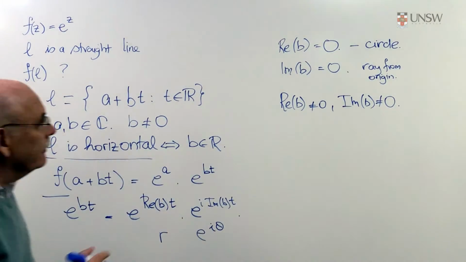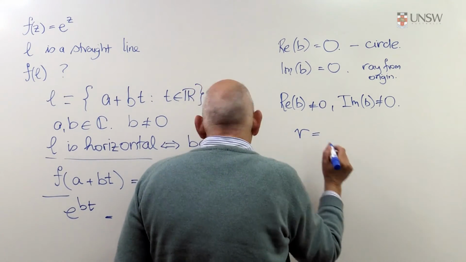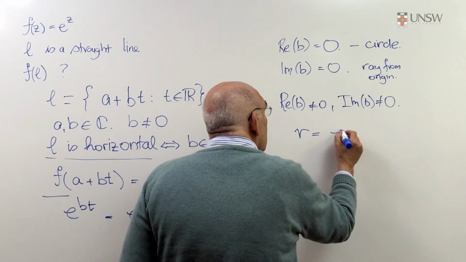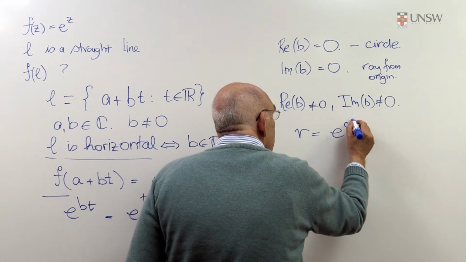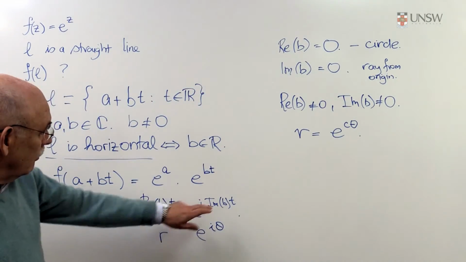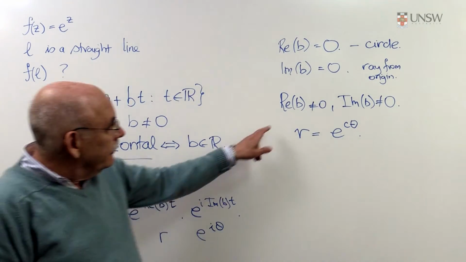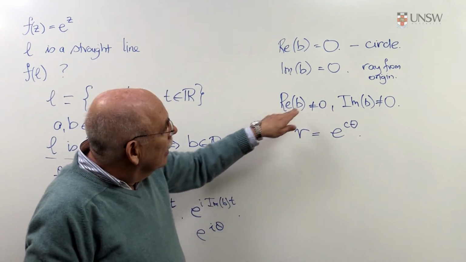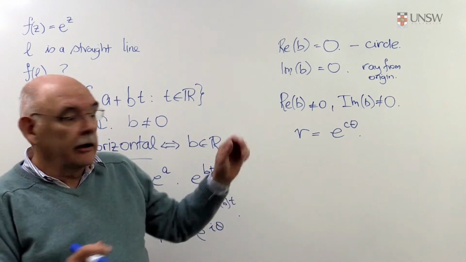And in that case, we end up with something of the form r is equal to e to the c times theta, where c is determined using these two things. And this, in polar coordinates, is the equation of a spiral. So in this case, we get a spiral.